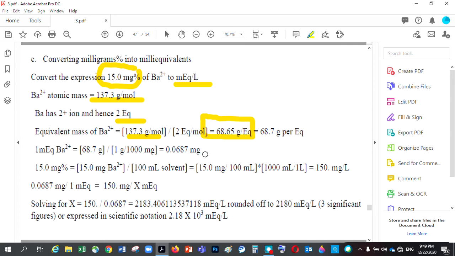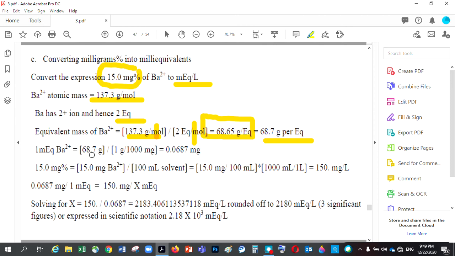So I get here gram, because the mole here cancels with the mole. So this is gram per equivalent, correct? Now I come here, 1 milliequivalent, so I have to convert this gram into milligram by multiplying by 1000.